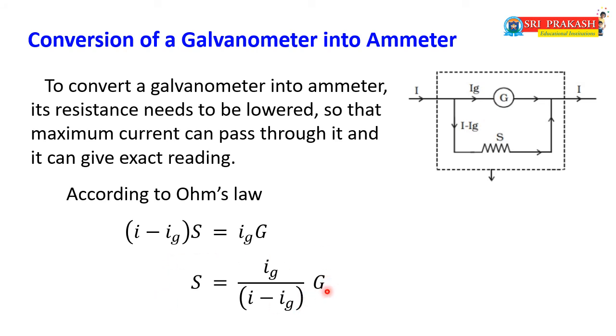By using this formula we can do many numericals. It is useful to solve problems based on the moving coil galvanometer converted into ammeter.